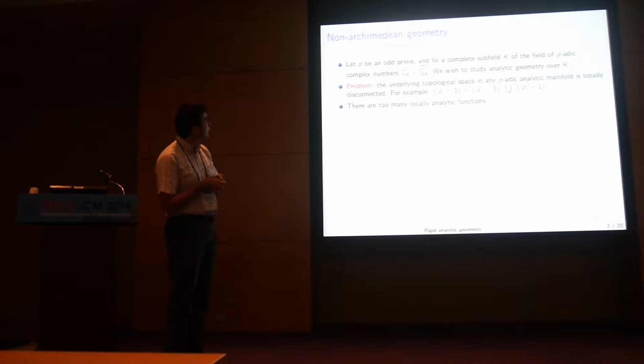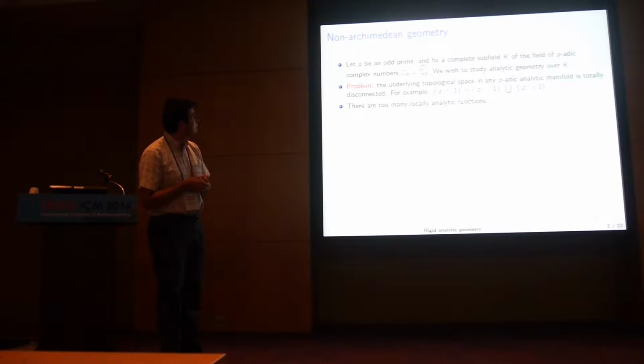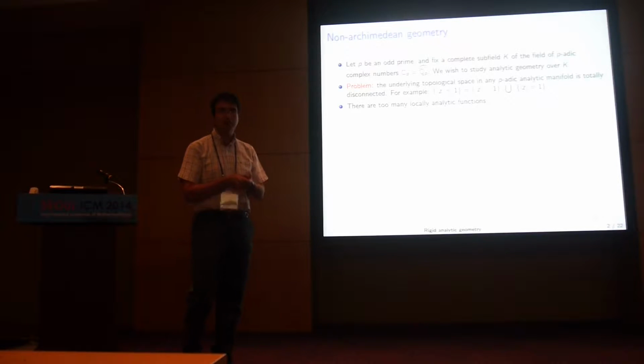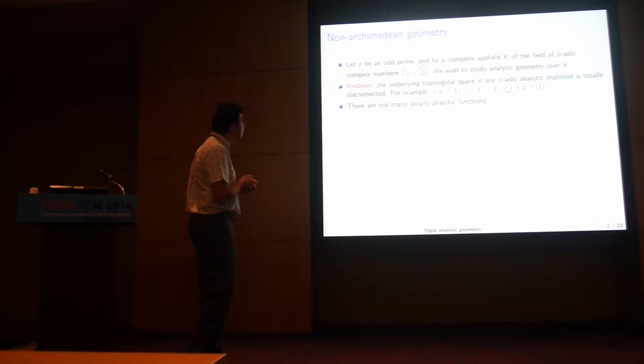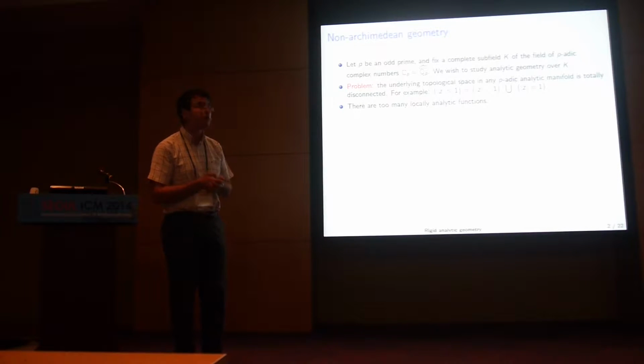Well, you encounter an immediate problem. Topologically, this is not a good thing to do because of the ultrametric inequality that holds inside the ground field K. If you look at the closed unit disk, that should be some kind of manifold.